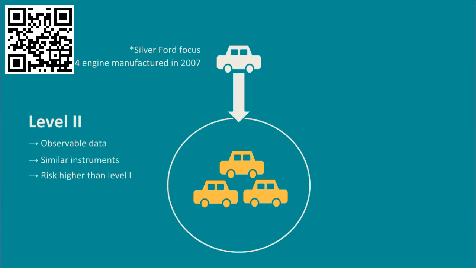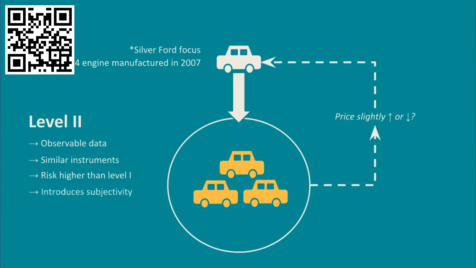What we have to do is take the observable price for the yellow one and think about whether the yellow one might be worth slightly more or slightly less than our silver one. And having to adjust this observable transaction therefore introduces subjectivity and thus introduces risk into the fair value measurement.